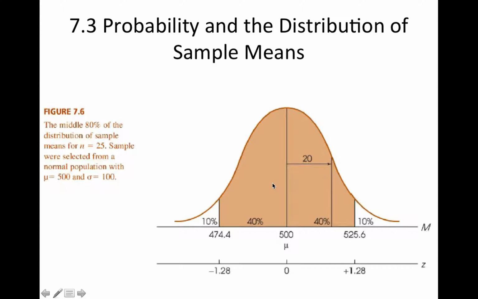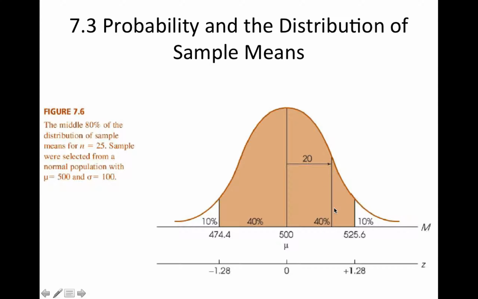Okay? In this case, you would have to look that up in the z-score table, and you would find that you would get a z-score of 1.28 standard deviations from the mean. That way you would be able to say, okay, now I have 40% of the distribution over here. And of course, if I take the positive version of that z-score, I would have 40% of the distribution over here.